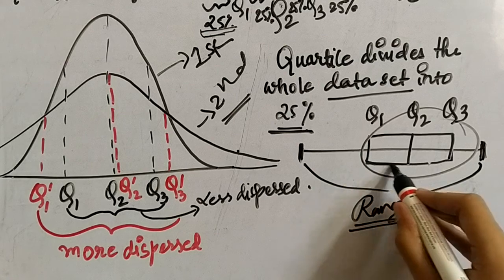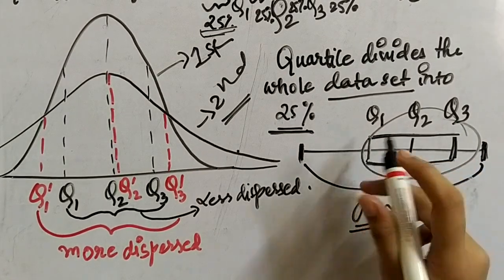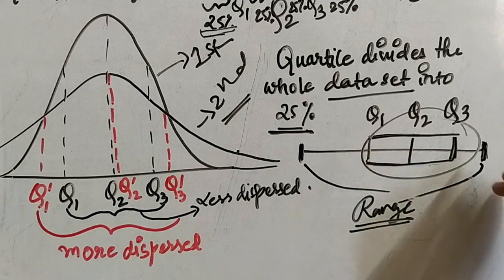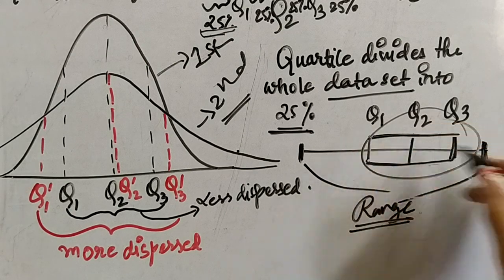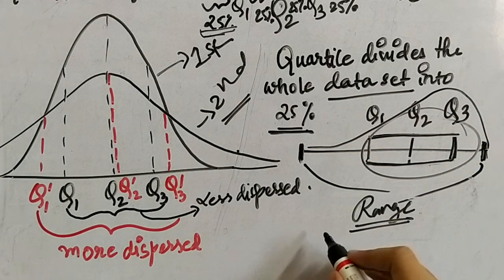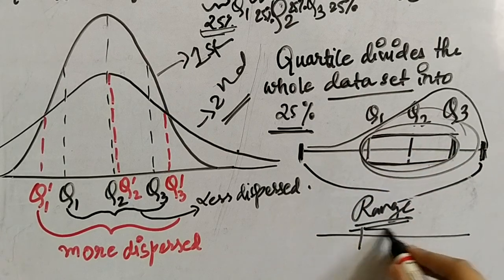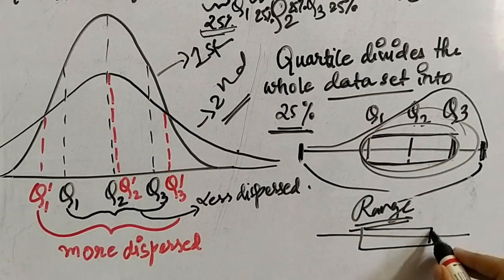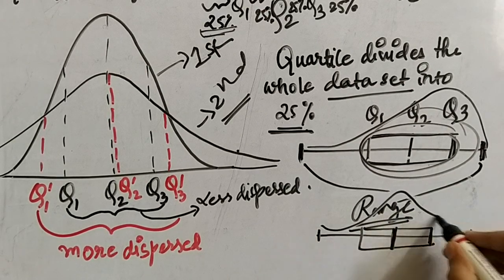Now I have purposely shifted this value like this. In skewness you will read that this is nothing but a negatively skewed distribution. When the box lies at the center or within the center, then the distribution is symmetrical.